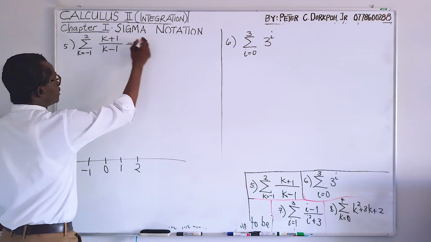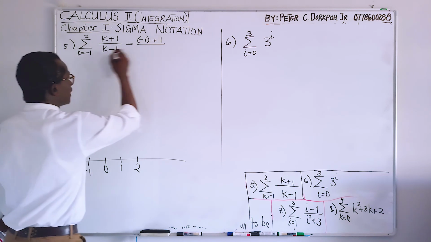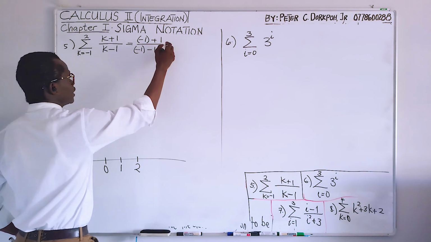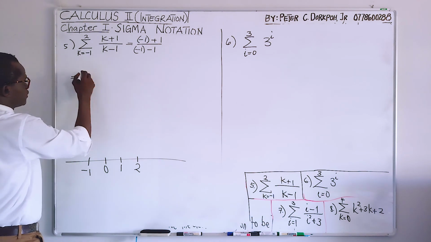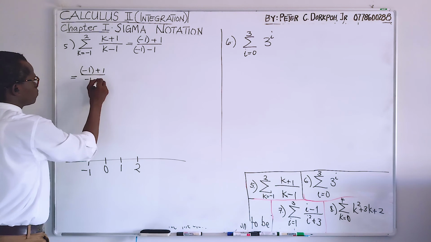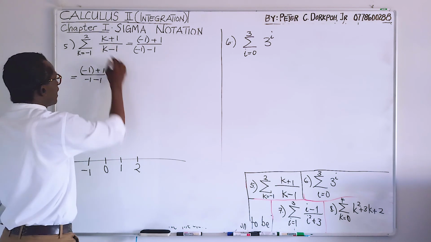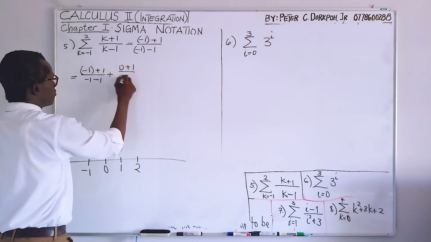So the first one will be minus 1 plus 1 divided by minus 1 minus 1 plus, now let's bring this thing down because it cannot fit up there. So you have minus 1 plus 1 all over minus 1 minus 1, plus the next sum, from minus 1 now you go to 0: 0 plus 1 all over 0 minus 1.